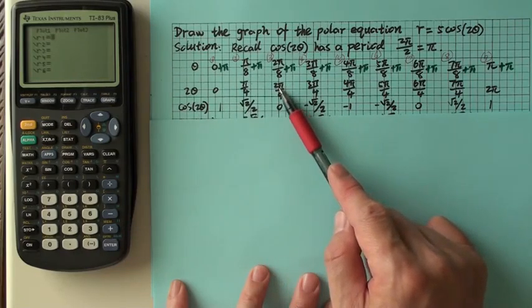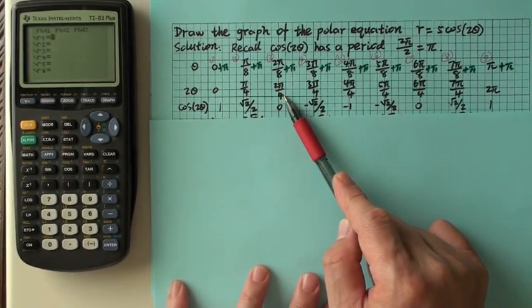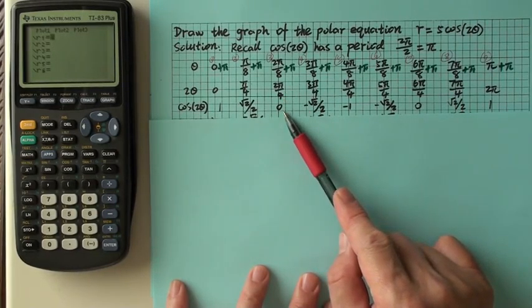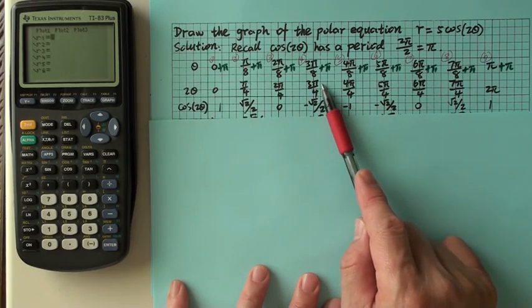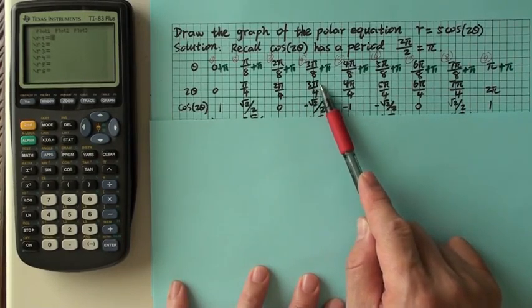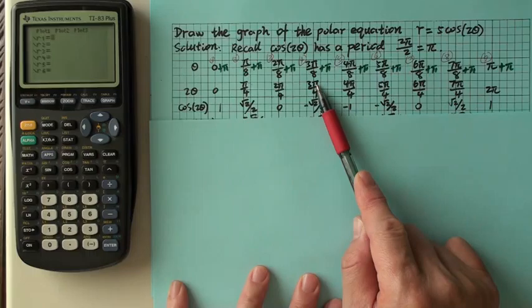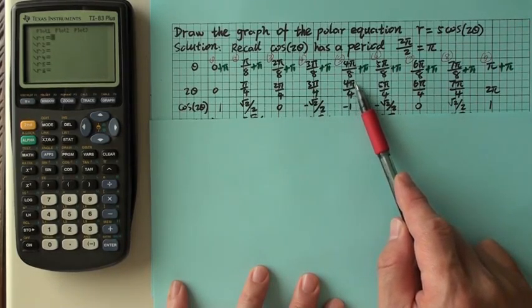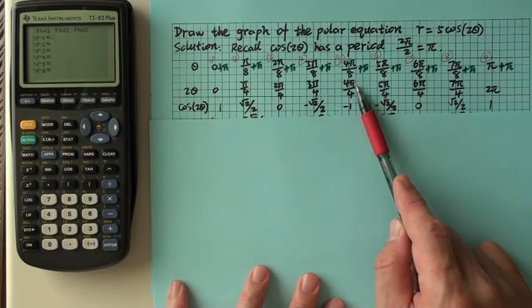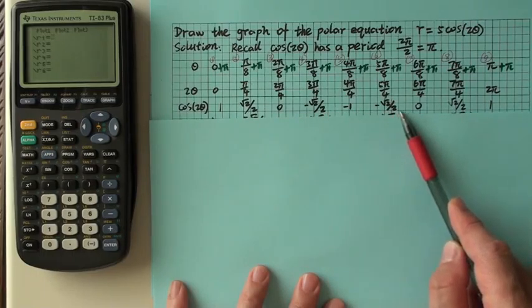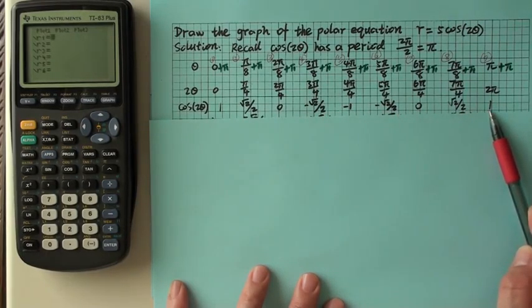Cosine 2 pi over 4, that's pi over 2, cosine pi over 2 is 0. Cosine 3 pi over 4, negative radical 2 over 2. 3 pi over 4 is in quadrant 2. And then cosine 4 pi over 4 basically is cosine pi, that's negative 1. So you get all the things you have right here.